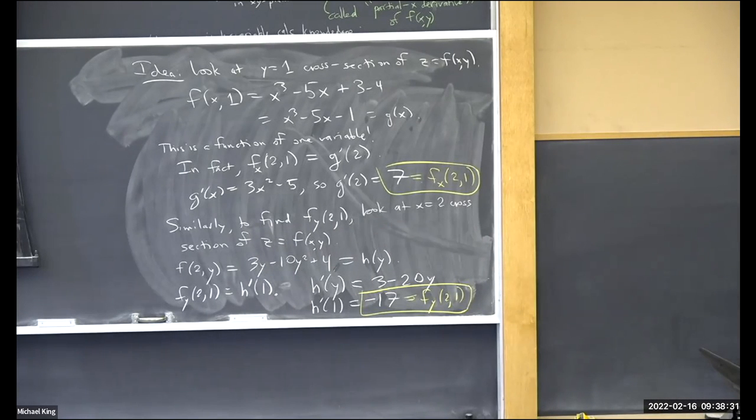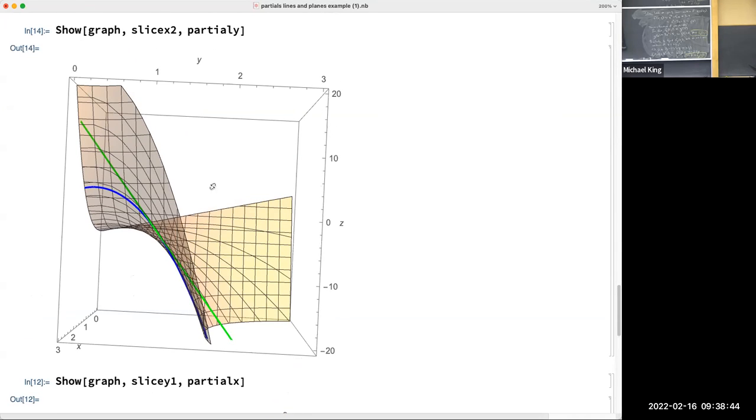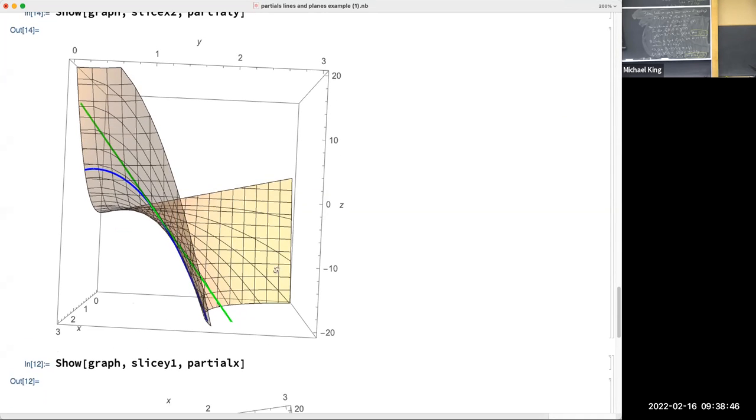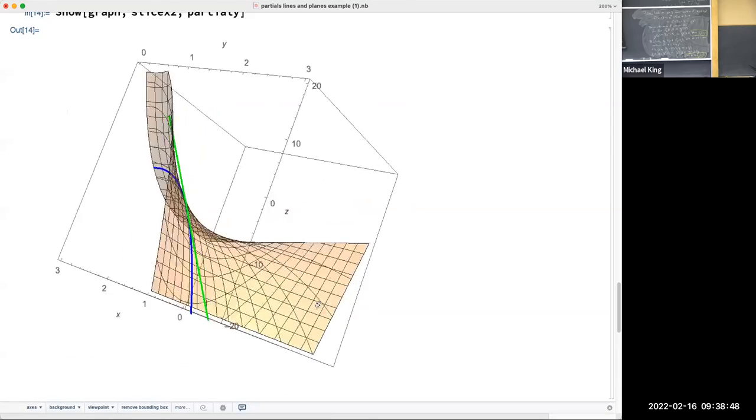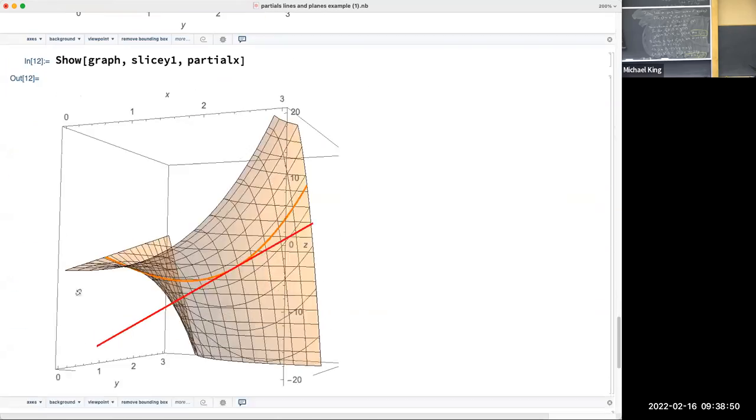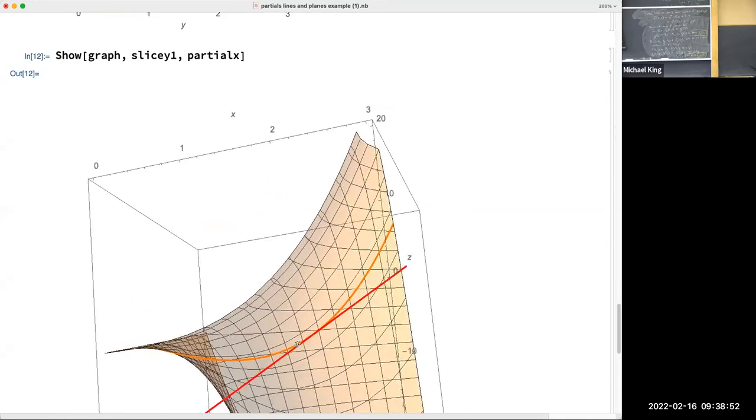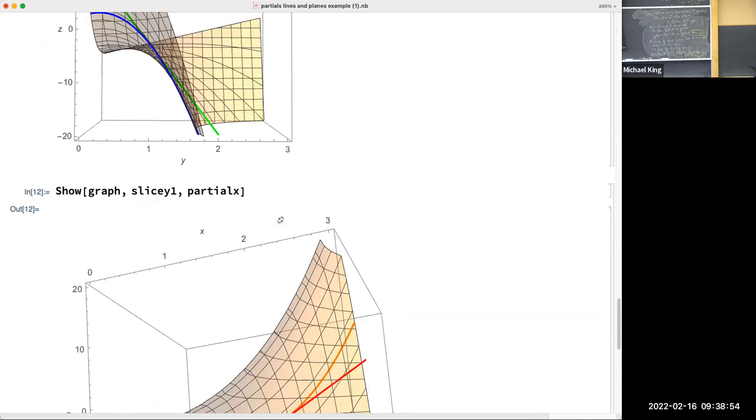Couple points I want to make here now. One is that we get these 2 tangent lines. If you look at the picture, there's this green tangent line, there's this red tangent line. But everything's happening at the point 2, 1.